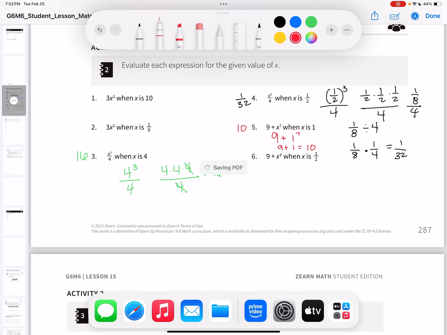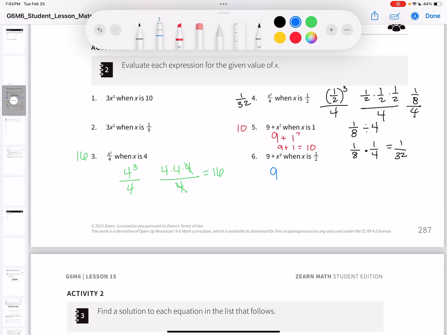Okay. Then we have 9 plus x to the 7th when x is 1/2. All right. So we're going to do 9 plus 1/2 to the 7th. So that's 1/2, 1, 2, 3, 4, 5, 6, 7. Okay.